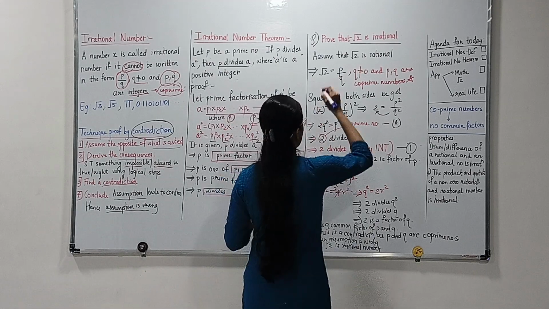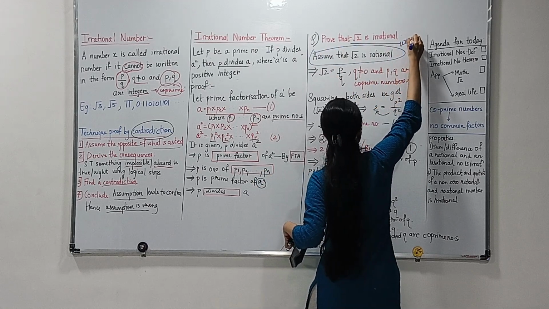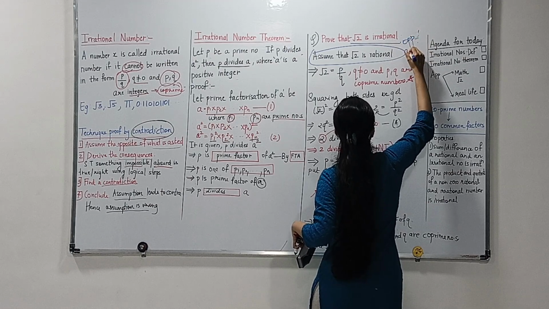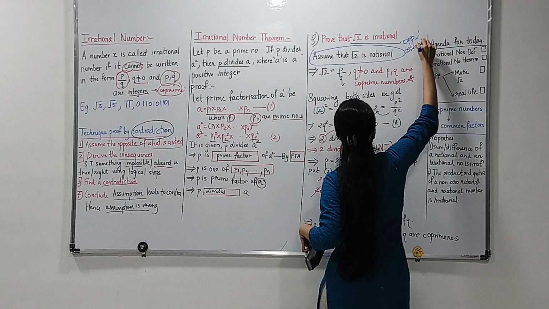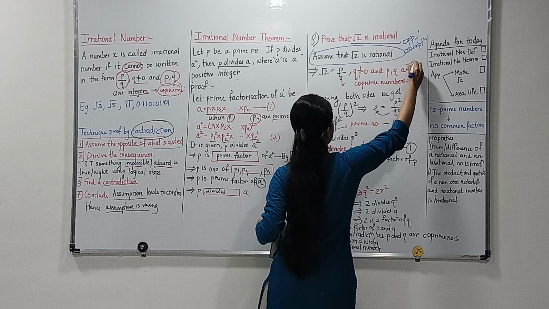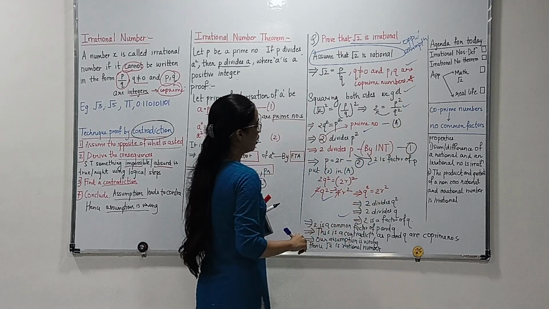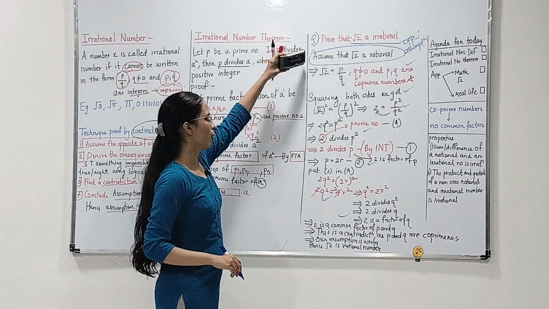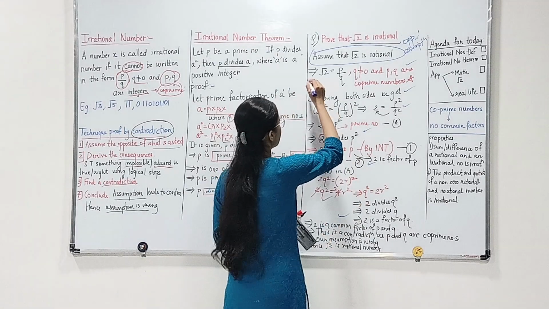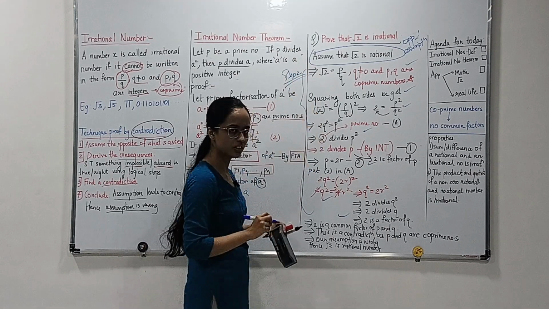So once again, we started with step number 1, that is with a wrong, or to be very precise, the opposite assumption of whatever is given. Then all the steps are nothing but the logical steps that have been followed after the assumption. So that leads us to the consequence. So this comes under step number 2, that is deriving the consequence.